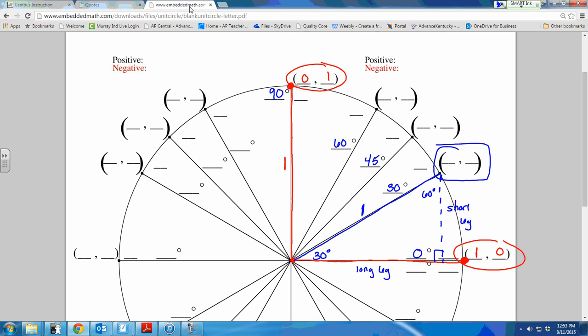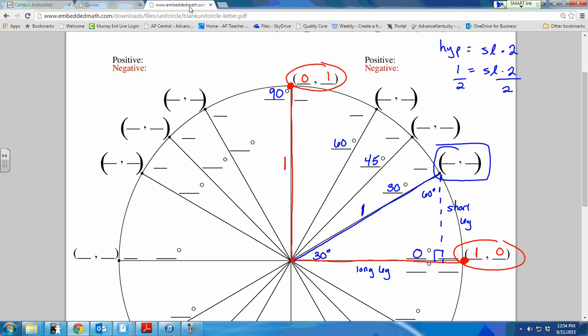Does that make sense? So if you look at your special right triangle sheet, if you need it, or if not, I know the hypotenuse is 1. So if I know the hypotenuse is 1, then how do I find the short leg? The hypotenuse is the short leg times 2, right? So we'll have to divide by 2 in order to solve for the short leg.